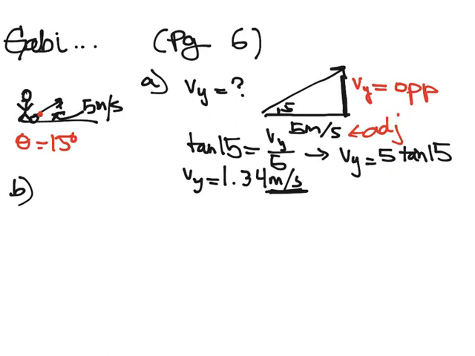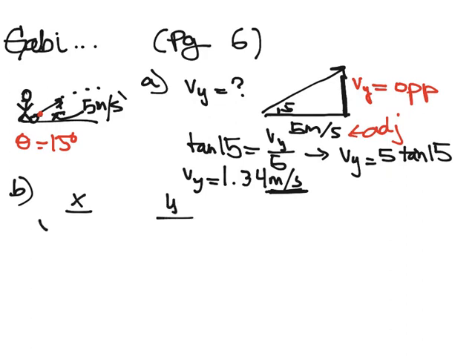In part B, it asks how long will it take the ball to make its maximum height. Okay, and I'm only going to do parts A and B for right now. So what I'm going to do is kind of like before, I'm going to make a list of my variables, except this time I'm going to have two lists. And when you have two dimensions, you always want to do this.